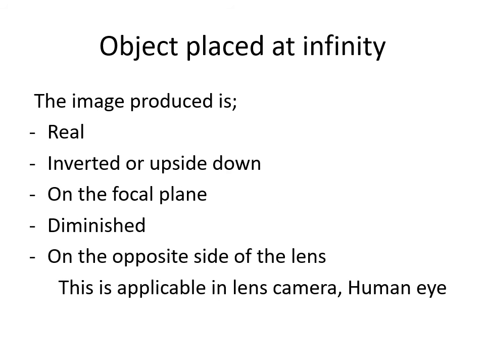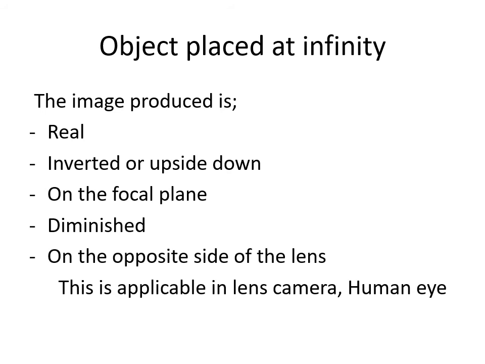Okay, let's look at an object placed at infinity. When you place your object at infinity, how is the image going to look? Here the image produced is real. The image is inverted or upside down. The image is on the focal plane.